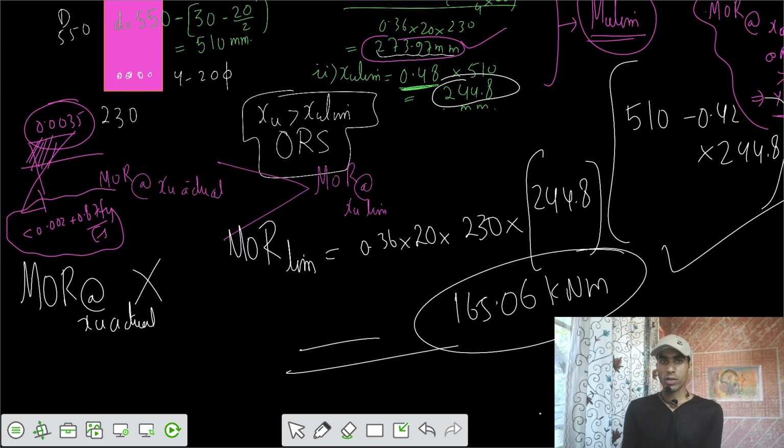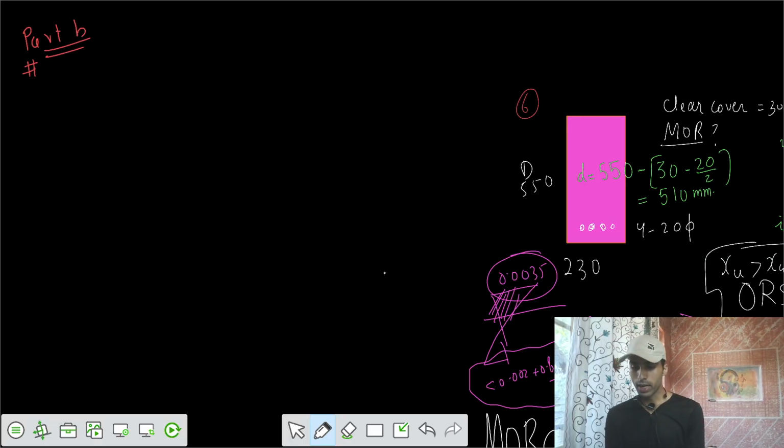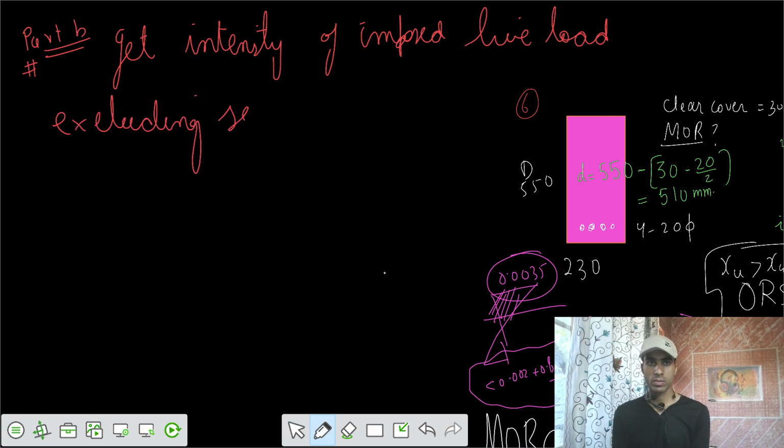Now the second part of the problem, part B of the problem. Once we got the limiting moment of resistance, it's saying to get the intensity of imposed live load, excluding self weight.